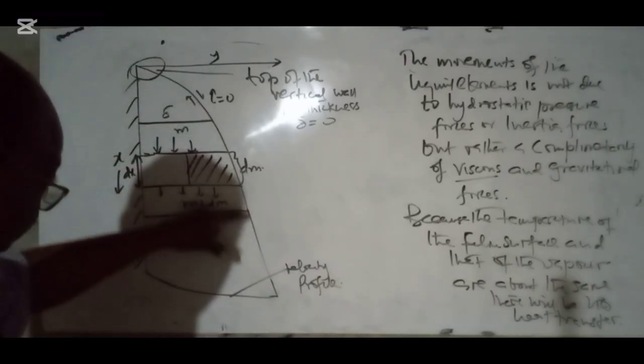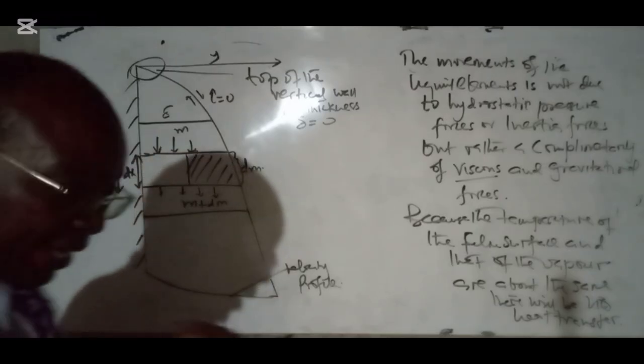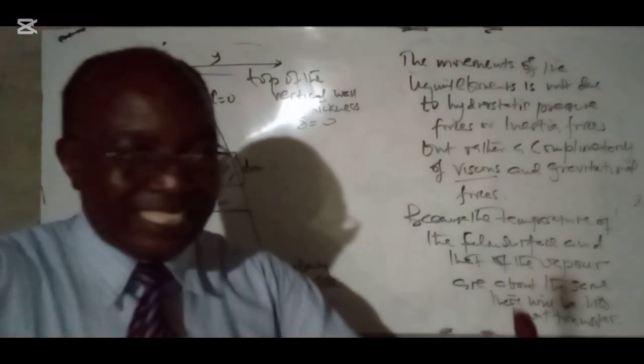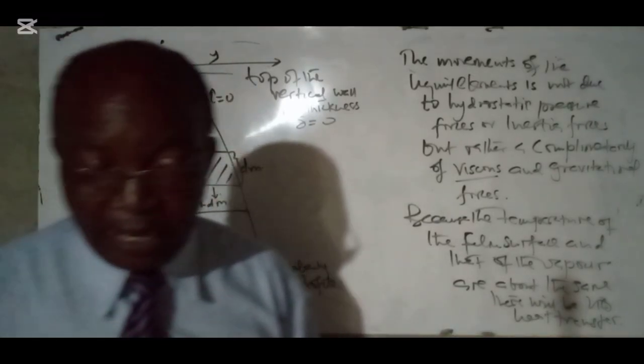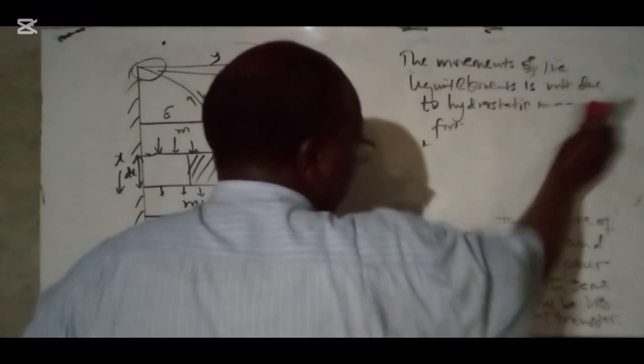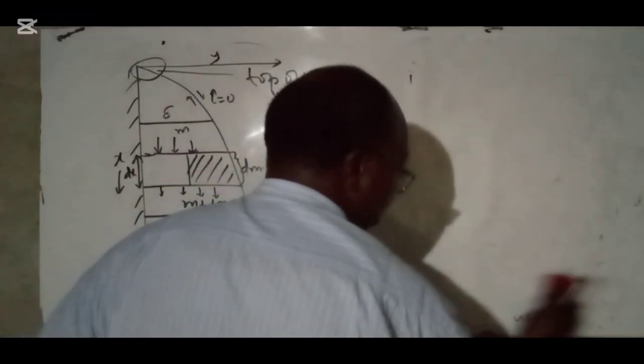And of course, remember the thickness of this layer here is because of condensation of vapor, not because of retardation in terms of movement. It's because of condensation of vapor. That's very important for you to note. Because if there was retardation, then there's also a possibility that that can happen.